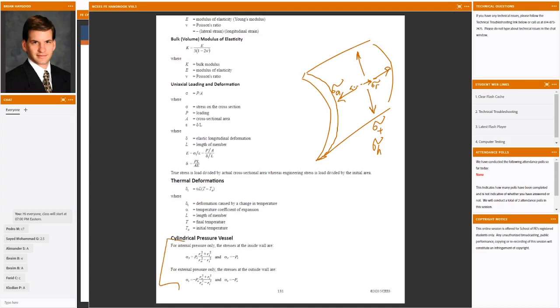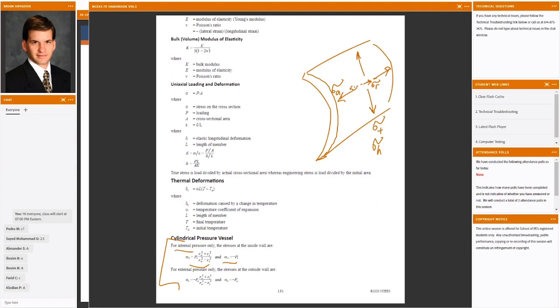As we look at their equations on page 131, we have an equation for tangential stress and an equation for the radial stress. It turns out that the radial stress is simply the pressure. They both have units of PSI or pascals either way. So whatever your amount of pressure is, that is the radial stress on the part.